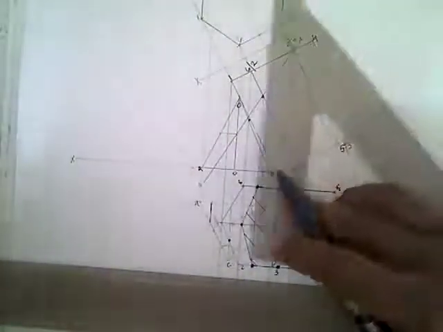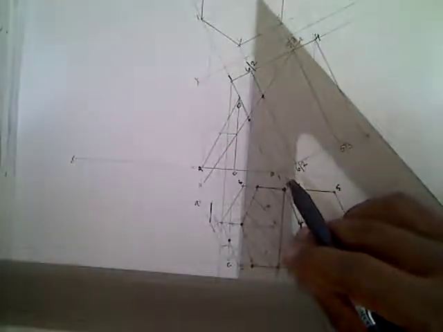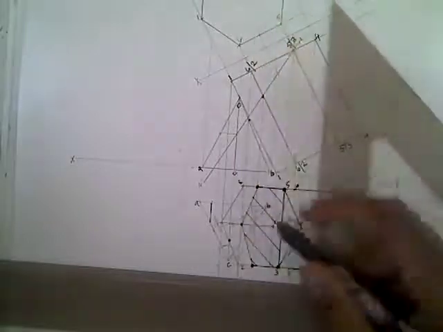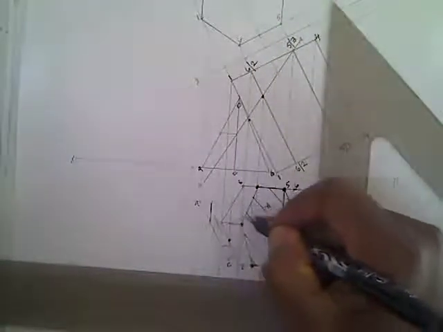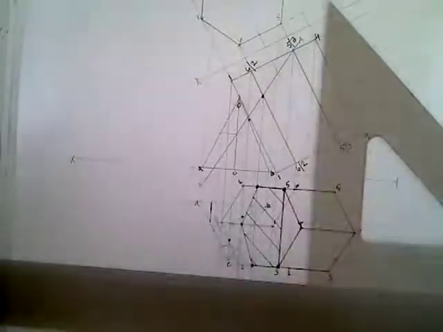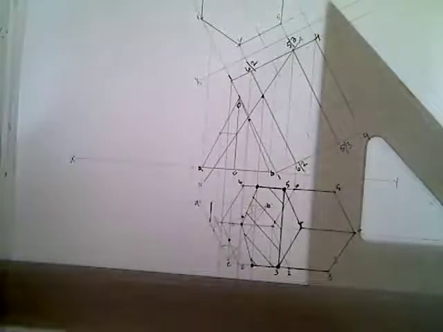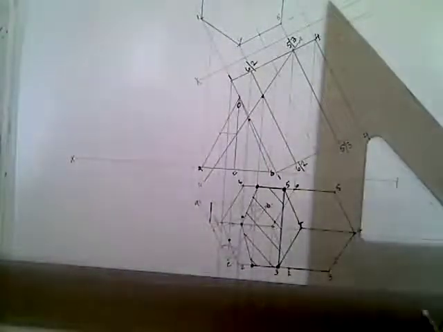And then where is BO cut? BO is cut here. B, as B goes to O, it is cut there. And then let us join now.